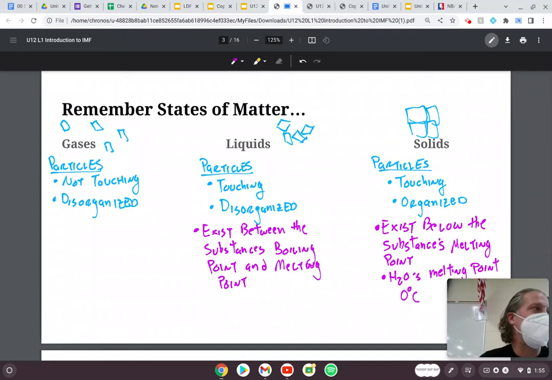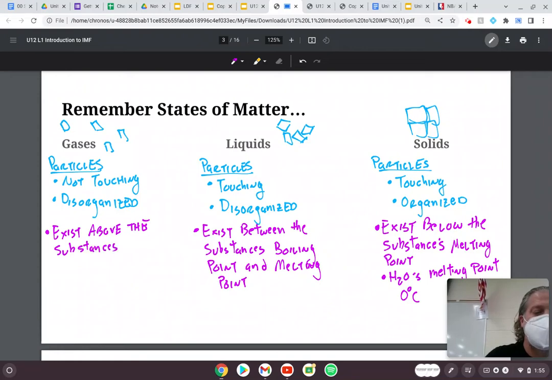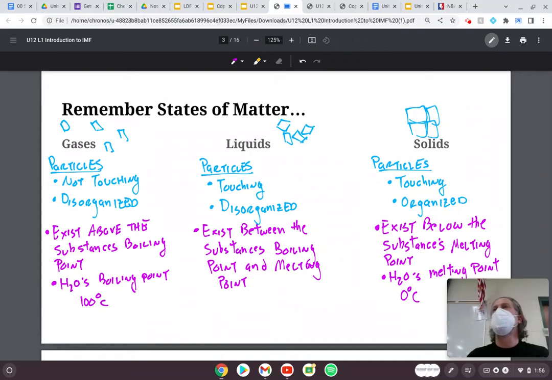And then for gases, they tend to exist above the substance's boiling point. And water's boiling point is 100 degrees Celsius.